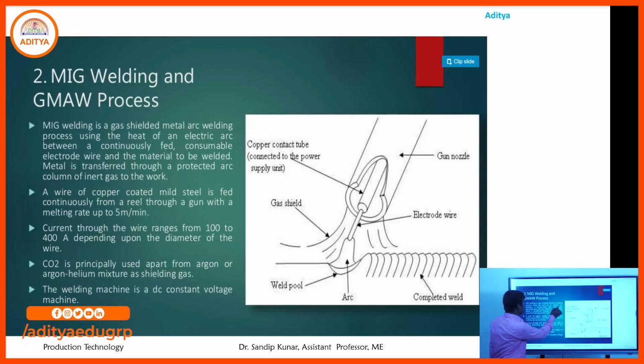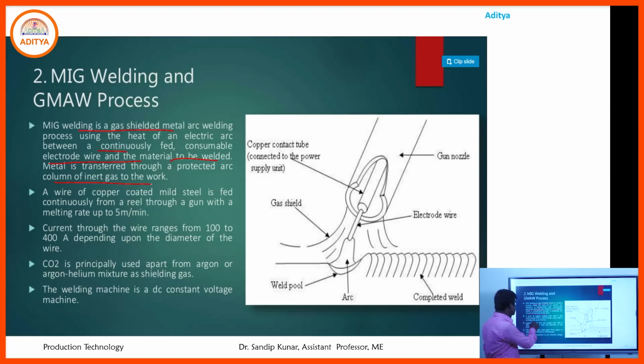And also in metal inert gas welding, the electrode holder creates the heat between the metal and the electrode holder, the electrode torch, and the consumable electrode wire and the metal to be welded. Metal is transferred through the protected arc column of the inert gas.